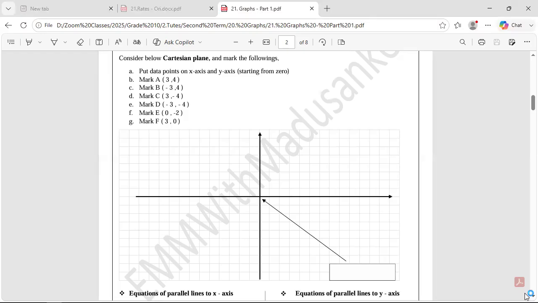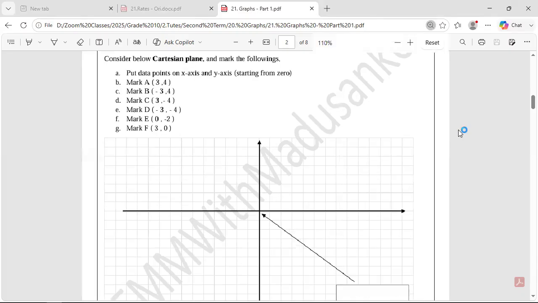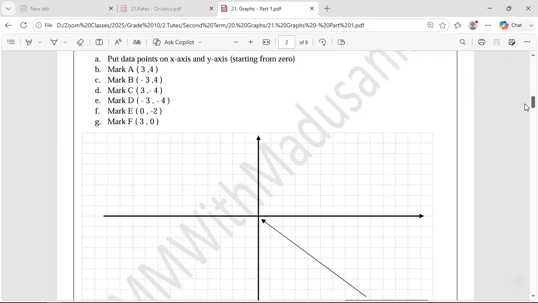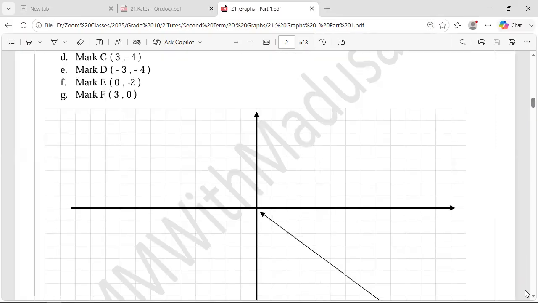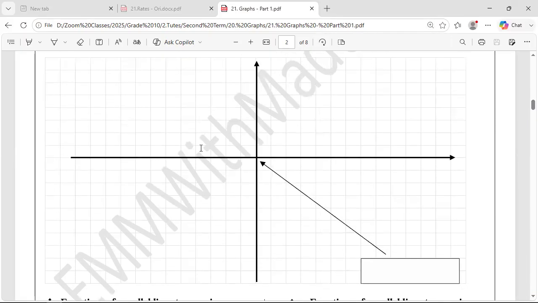Okay, I will zoom in somewhat. When it comes to here, you know this is called the Cartesian plane.